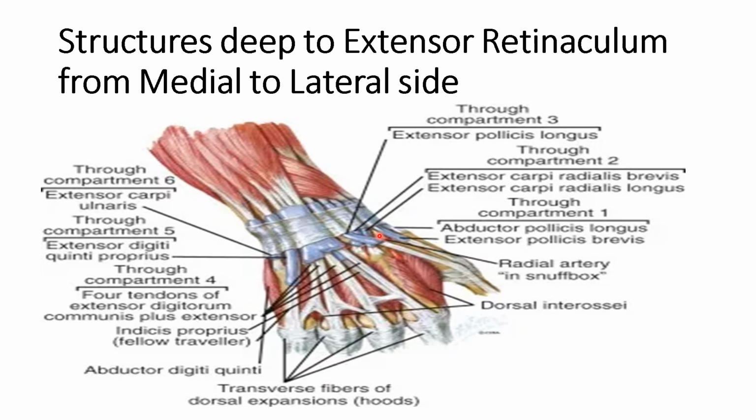Then the extensor carpi radialis longus and brevis tendons, which share a common synovial sheath and are situated on the lateral part of the posterior surface of the radius. And then abductor pollicis longus and extensor pollicis brevis tendons, which have separate synovial sheaths but share a common compartment.